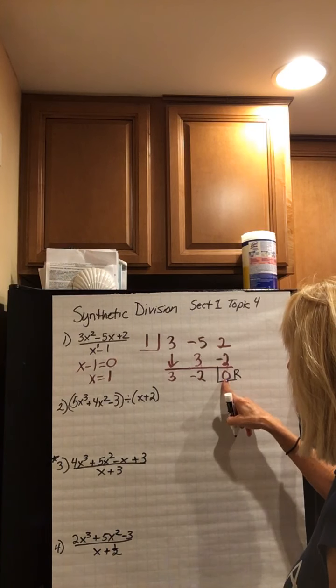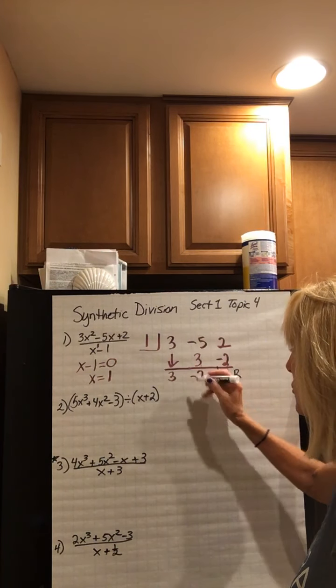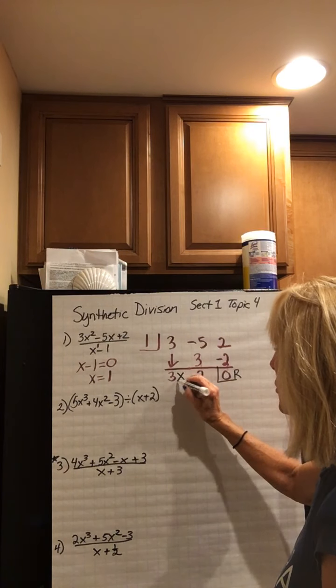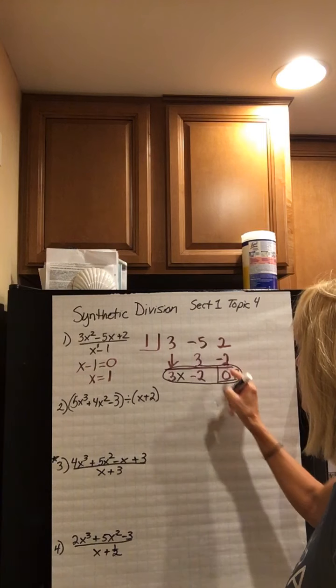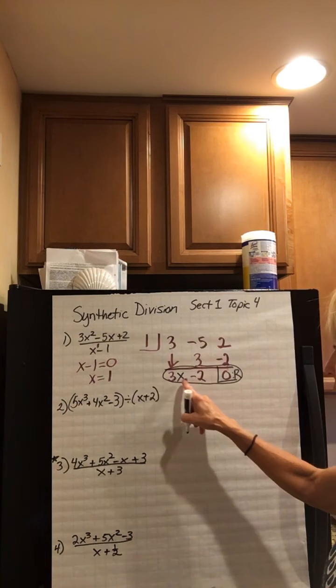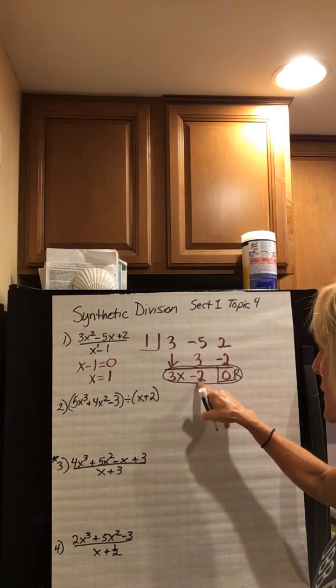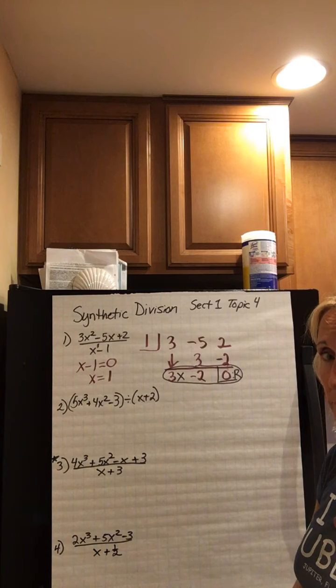Then you go backwards: this is your constant, -2, and this is your linear. There's your quotient right here. Sorry, I'll put a little dot there. So your quotient is 3x minus 2 with a remainder of 0. That's your answer. You're done.